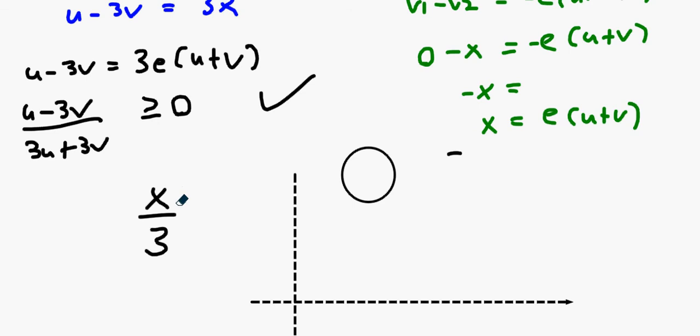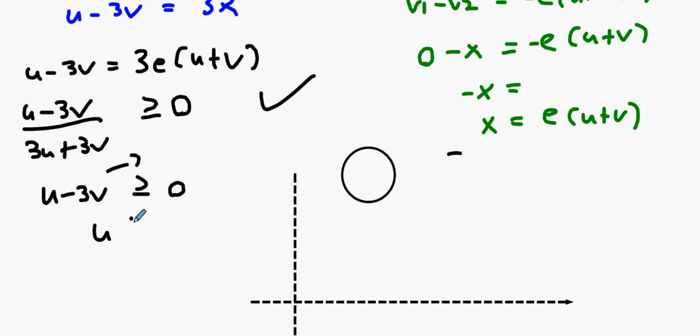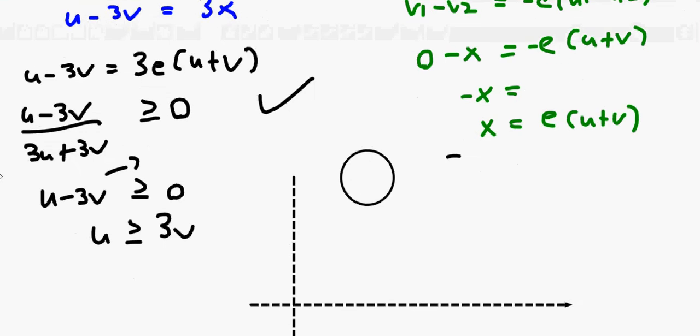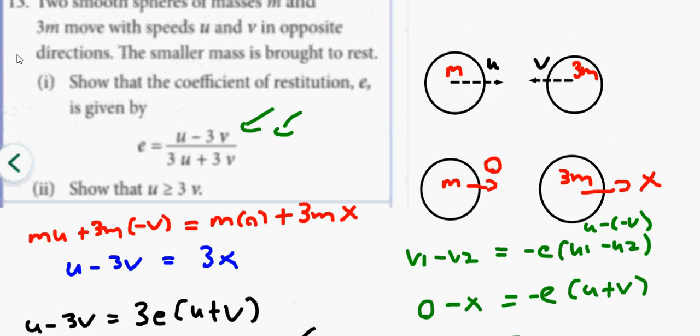So we're going to concentrate on the numerator. u minus 3v has to be bigger than or equal to 0. Bring it over: u is bigger than or equal to 3v. And you're done. Good? All right.